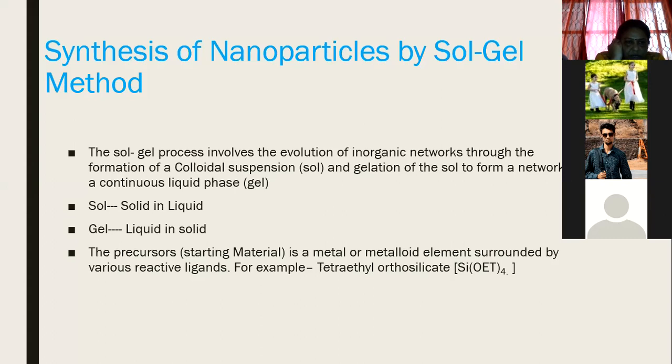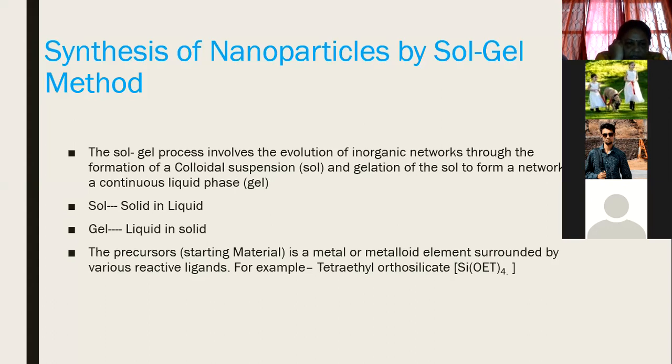So the first way of synthesis of nanoparticles is by the Sol-Gel method. Sol is a colloidal suspension, or you can say a solid dispersed in a liquid is called a sol, and gel is a liquid dispersed in a solid.